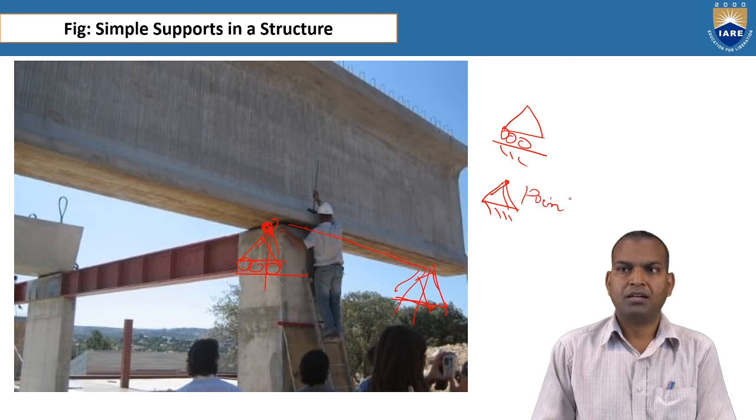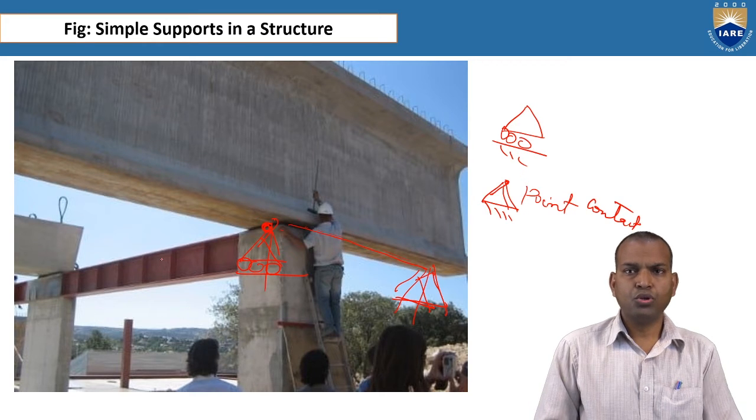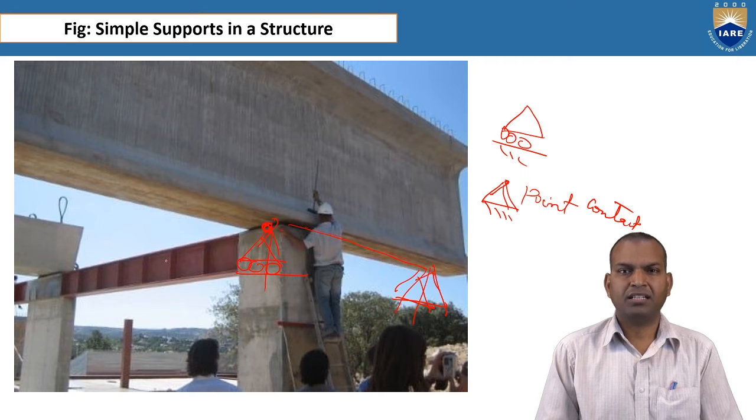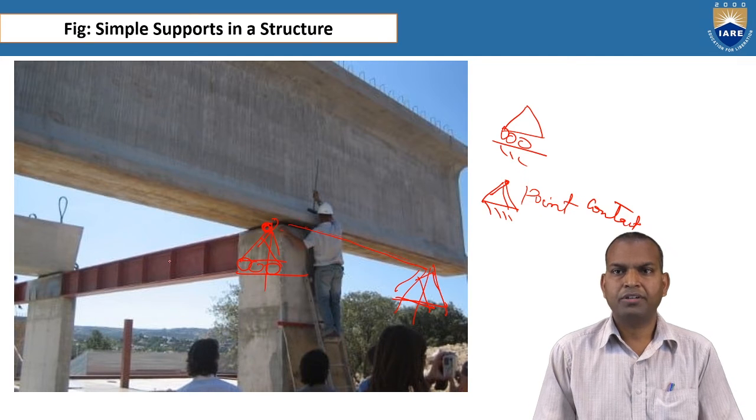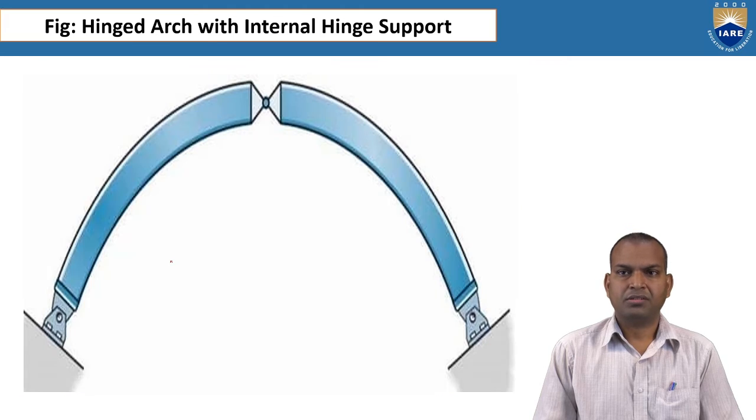It is a point contact. In that manner, we can see practically how these knife edge supports and roller supports are used for beams in bridge construction. This is a metro railway station, where simply supported beams are used.